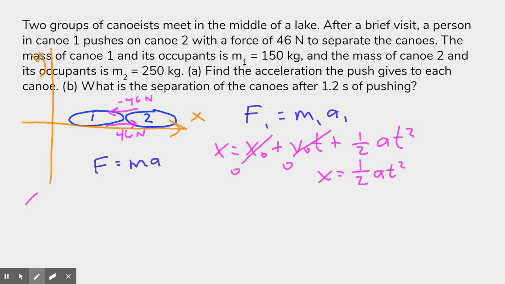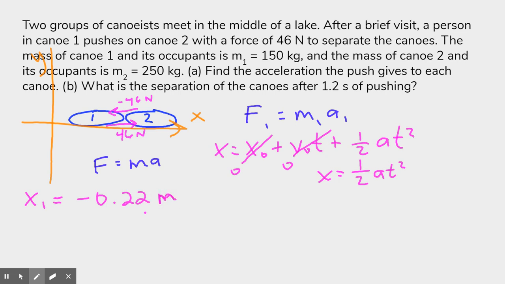So first of all, we have X1. When you plug in for the first canoe the acceleration and the time, you will find that the final position of X1 is negative 0.22 meters from where it started.